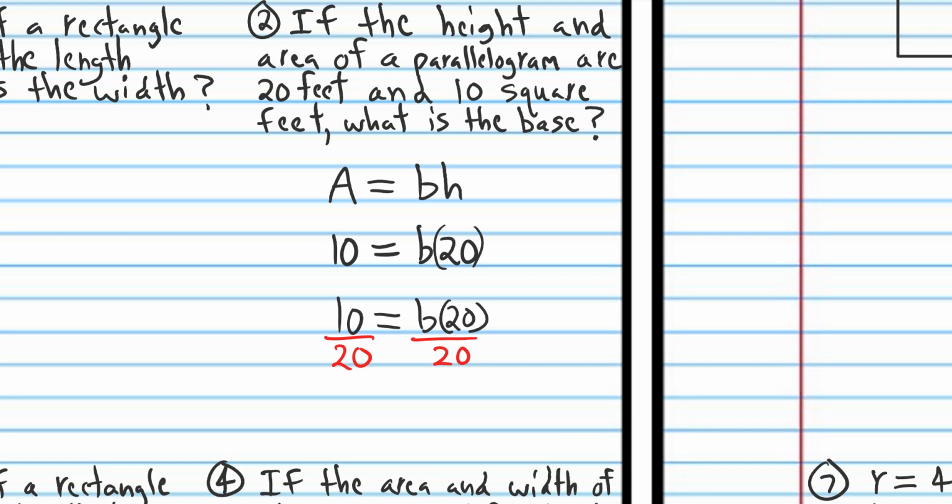And 10 divided by 20. So this is going to be a fraction, so we can just reduce that fraction. Divide both sides by 10. 10 divided by 10 is 1, and 20 divided by 10 is 2. So the answer is 1/2.